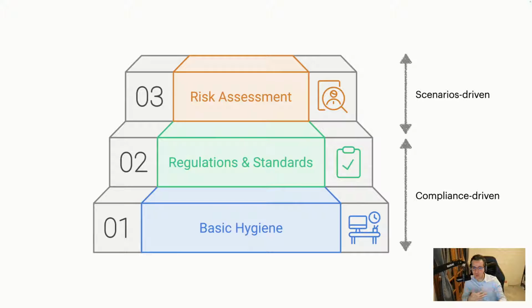On top of that, you're probably going to have some regulation or standards depending on the location you're operating in or the industry. If you're operating in Europe, you're probably going to have something like the GDPR. If you're in finance, you could have something like PCI DSS, NYDFS, or maybe something more specific to your industry. Once you finish those baselines, they will probably cover 80% of what needs to be done on your cybersecurity fundamentals.